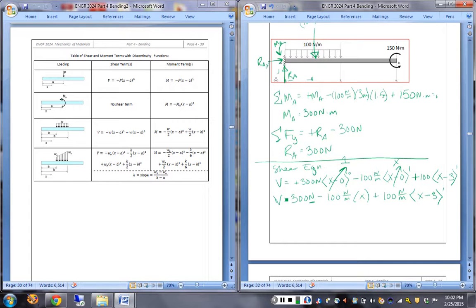For the moment equation, we're going to have a few more terms going on. For the first one, we look at the single concentrated force. We have the reaction at A is a positive, so the moment term out of the first row in our discontinuity table is a plus P discontinuity term X minus 0, the location that it acts, this time with a 1 exponent.